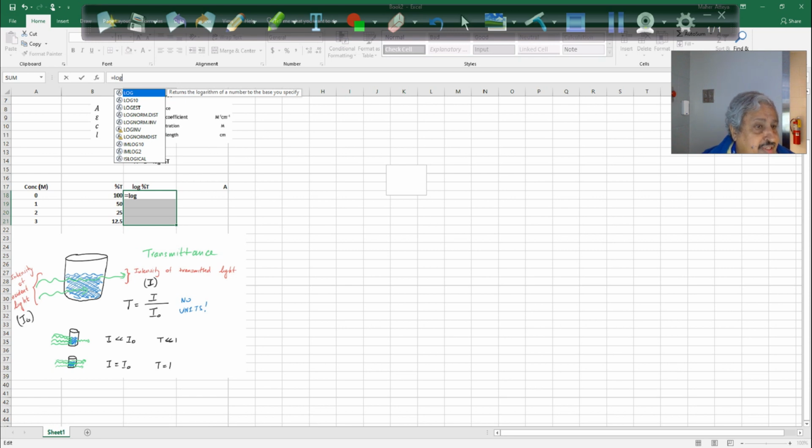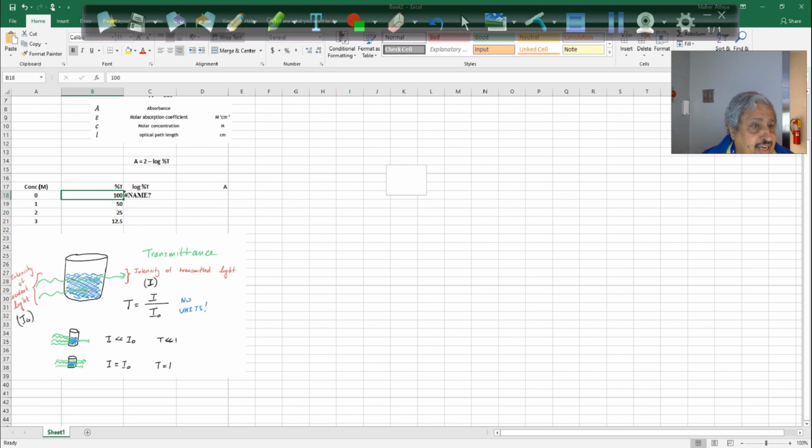What's the cell here before we do the log? The cell here is B, how much? B 18, correct? So I come here, say log, and then you can put your parentheses, B18.